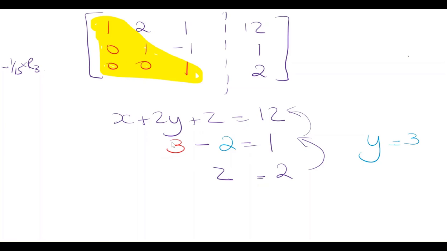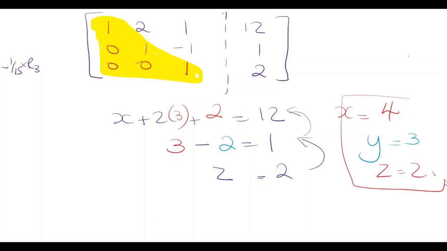And then I go to my first equation. Well, I know that z is 2. And I know that y is 3. So x plus 2 times 3 plus 2. So x is going to be 12 minus 8. And 12 minus 8 is 4.